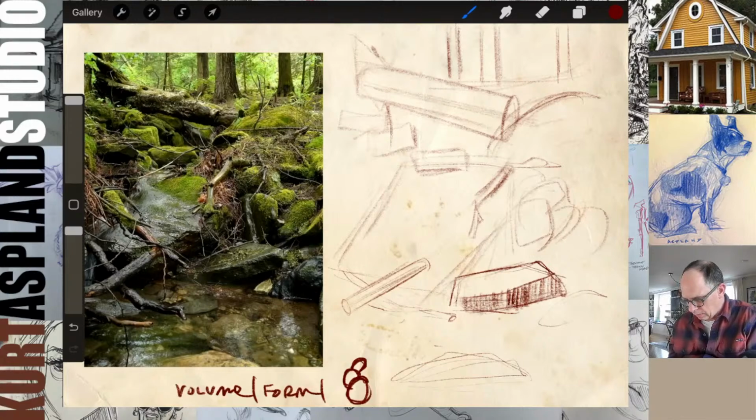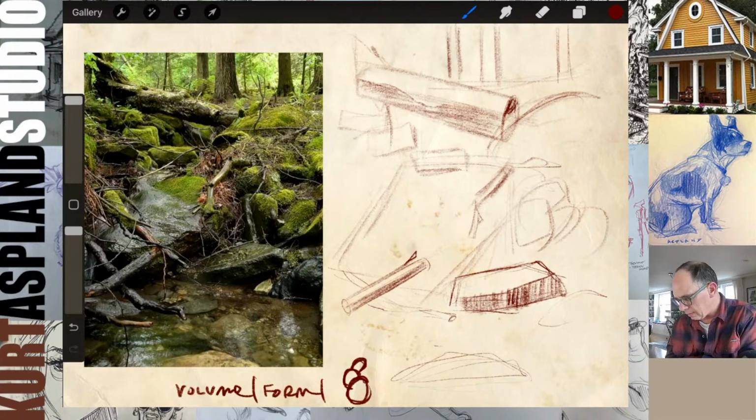And then let's just say this branch is going to be like this. Look, there's a dark side to it. What about this guy up here? He's kind of got this dark side right there, right? But I never leave the basic concept that this has mass and this thing has form to it.